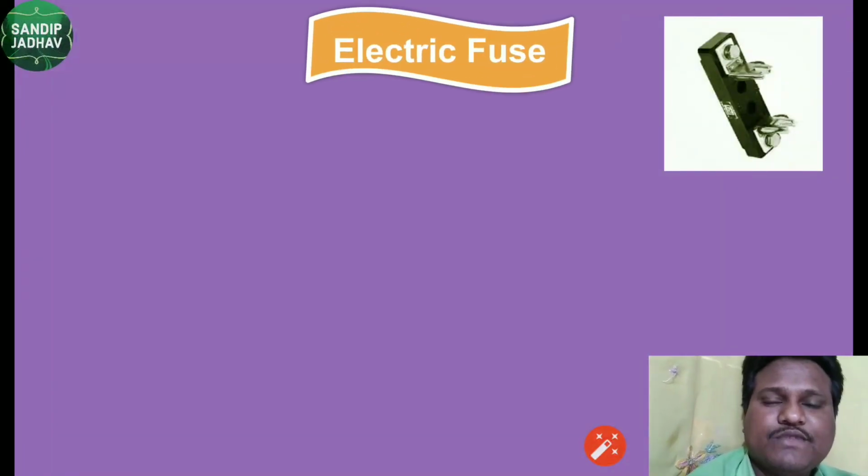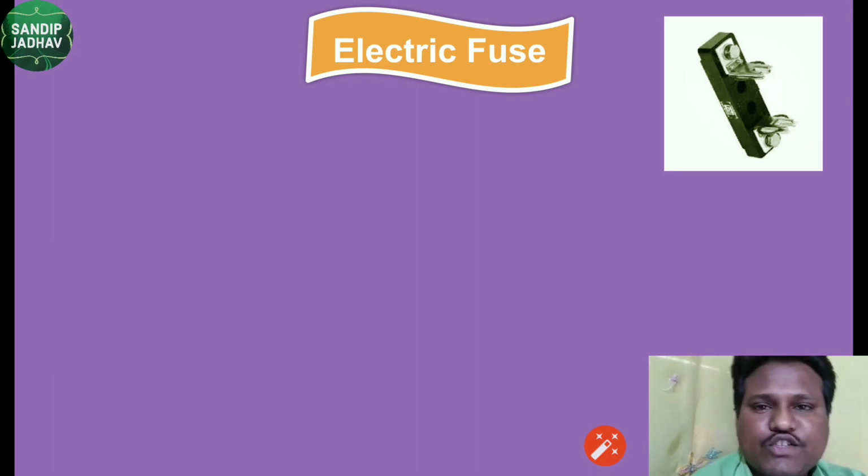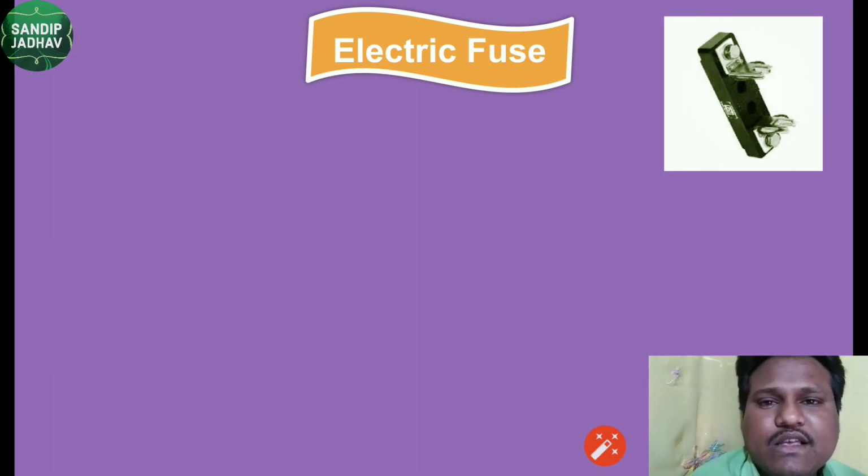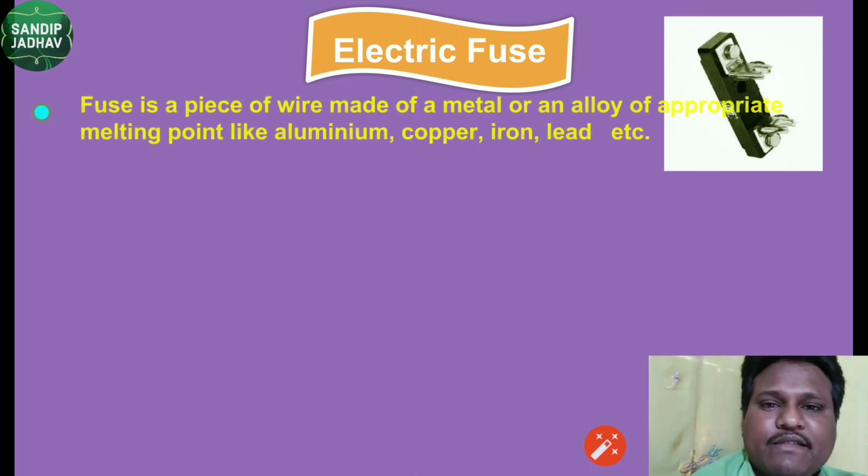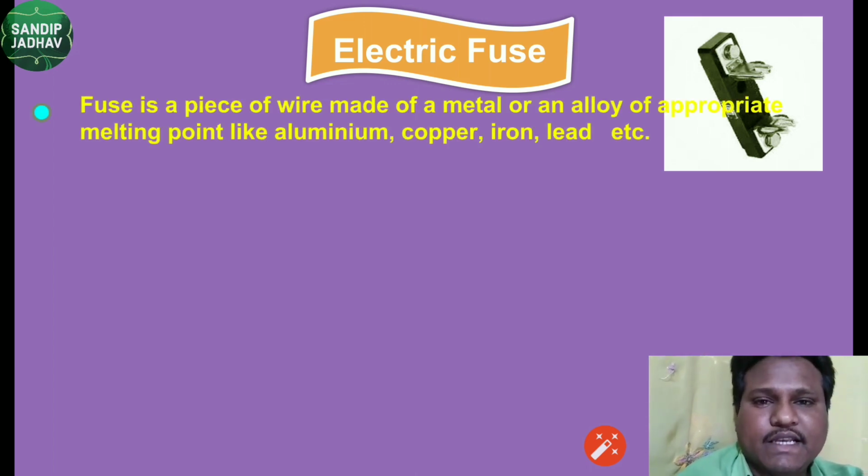The important question on this topic is about the electric fuse. You might have observed at home on the board there is one small or large electric fuse. The purpose of this electric fuse is to break the circuit whenever a large amount of current suddenly flows through the circuit. To avoid that, we use the electric fuse.